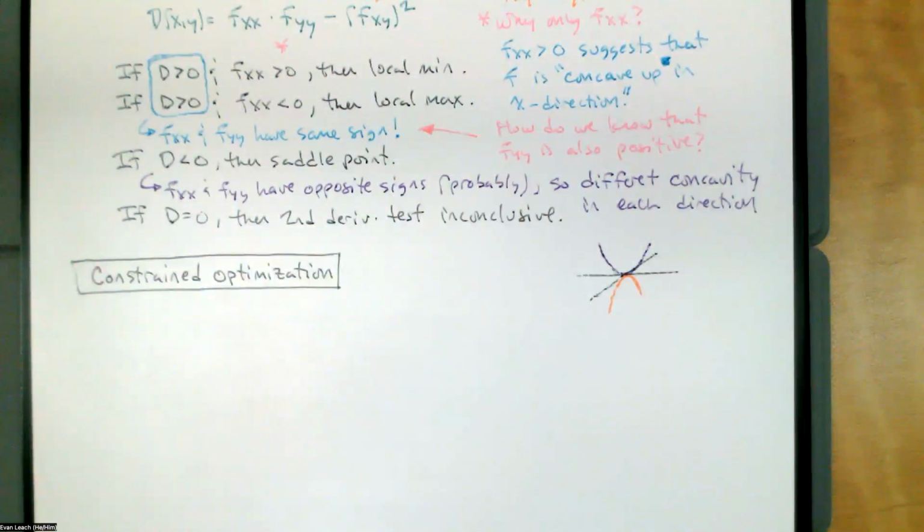This is the optimization game. We want to find the maximum and minimum values of a function, and we're doing essentially the same thing that we did in Calc 1. It's just more detail. The next place we want to go is constrained optimization.